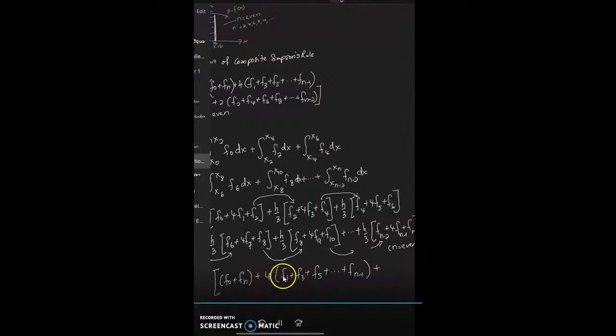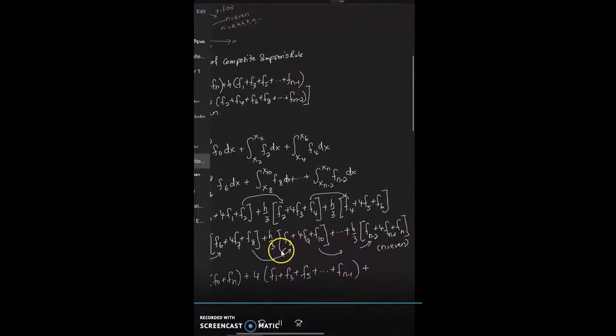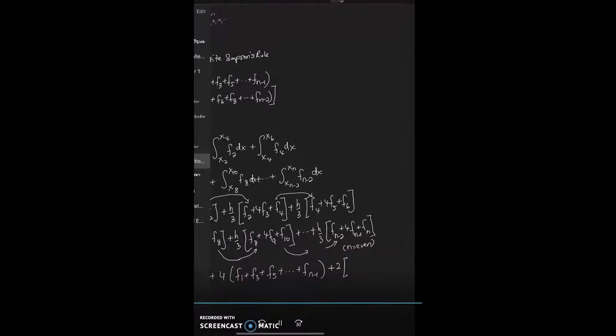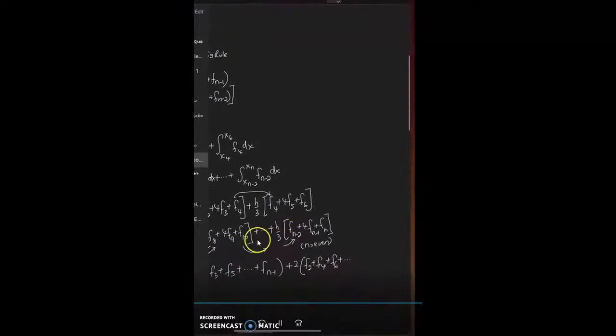So a plus 4b plus 2c, f2 plus f4 plus f6 plus f8, so there is a 2h over 3. So you put 2 here inside: 2 times f2 plus f4 plus f6 plus f8 plus fn minus 2.